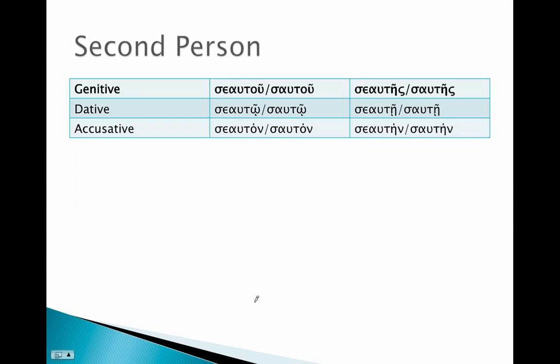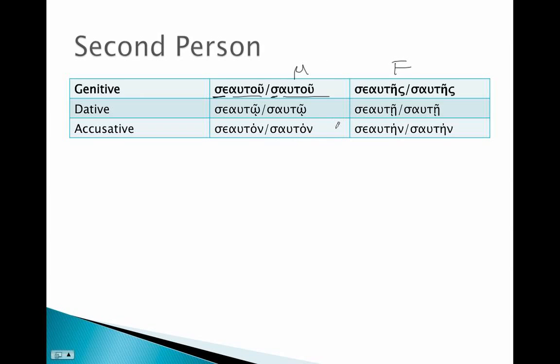And then the second person is very similar, but we're going to have 2 different forms. We can either add a se to that form of autou, or we can just add a sigma right onto that. So se-autou or sautou. And again, like the m, so se-autou, se-autō, se-auton, or sautou, sautō, sauton. And we've got a masculine form and a feminine form.